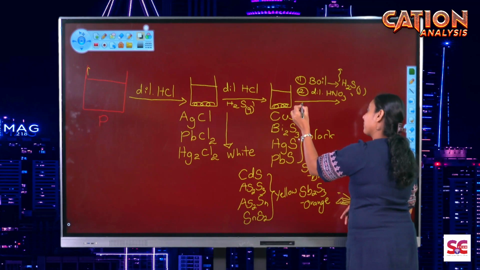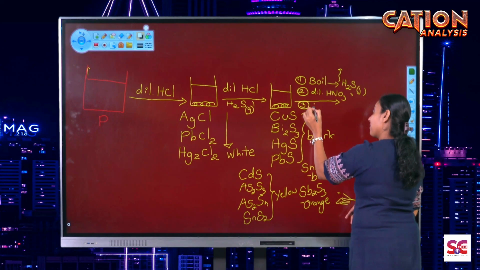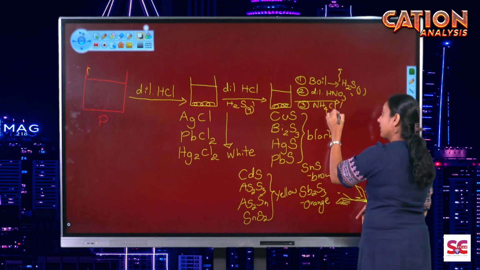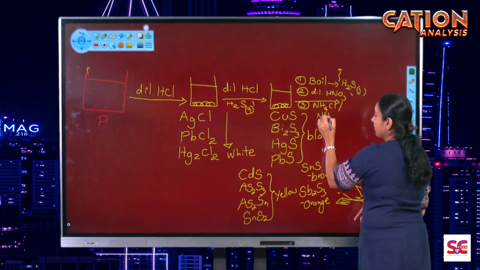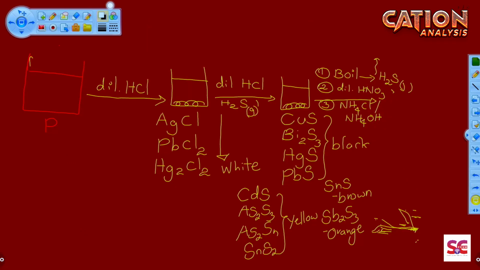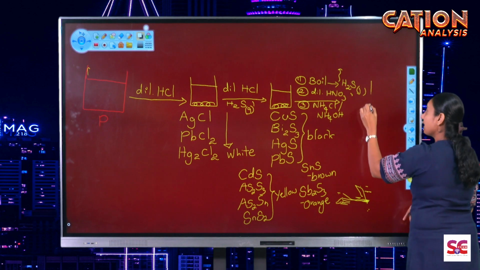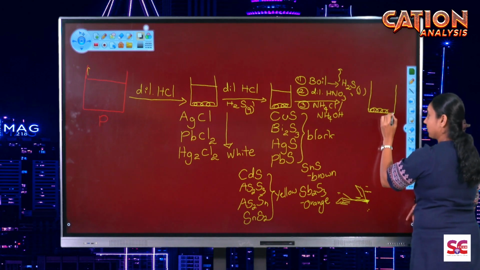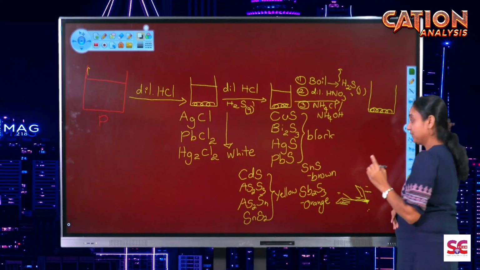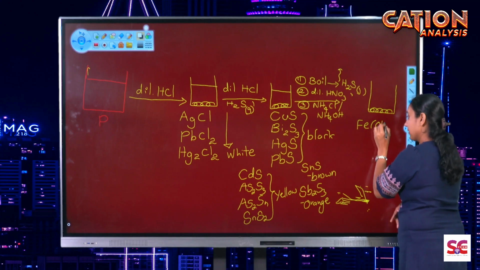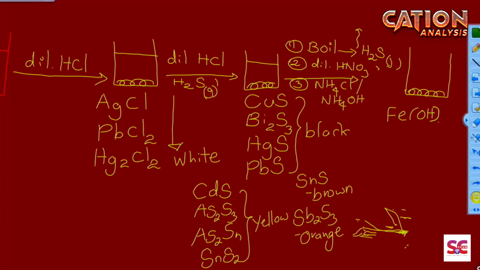And the third step, add some ammonium chloride with ammonium hydroxide to form a basic medium. Here, three major cations will precipitate. First one, ferric hydroxide, it's brown color.